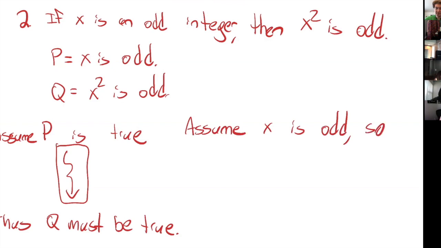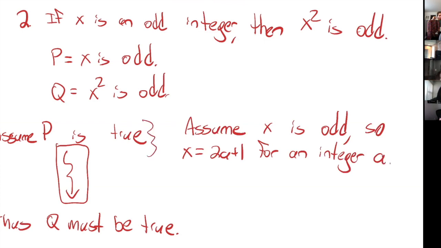And so that means we can write x as 2a plus 1 for some integer a. That's this step over here. We just replaced P with what that expression was. And now we can say, well, x squared, what is that going to look like? Well, that would look like (2a plus 1) squared.